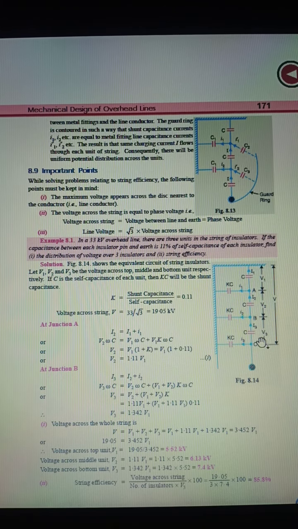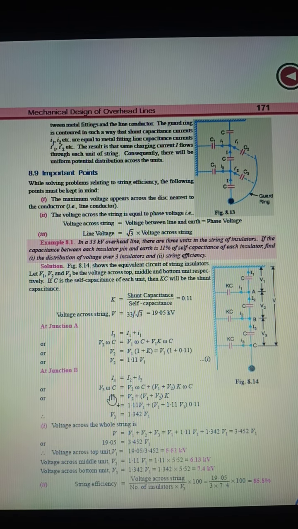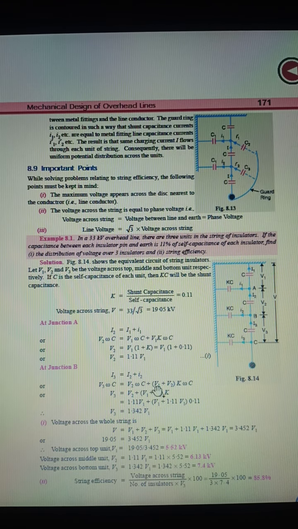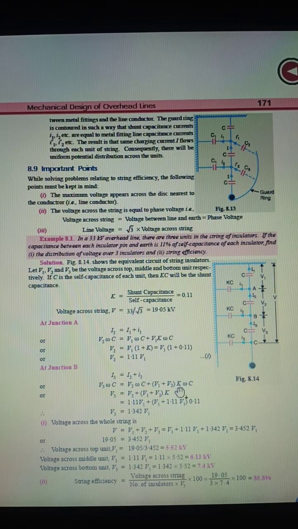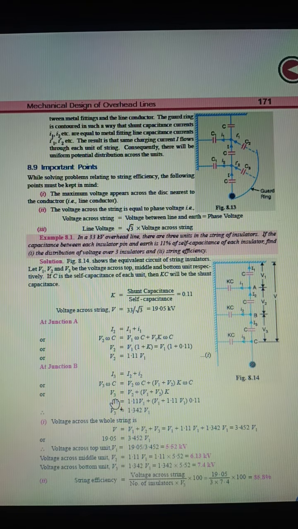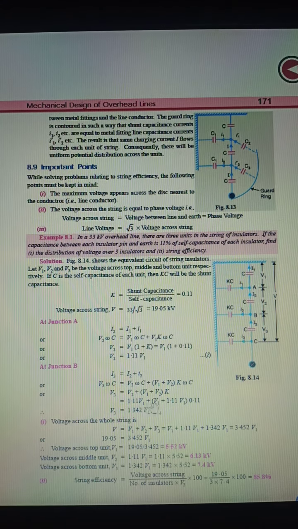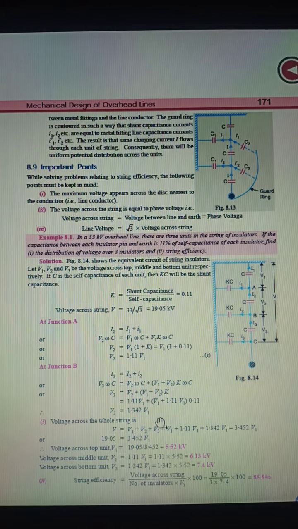At junction B, capital I3 equals capital I2 plus small I2, so V3 omega C equals V2 omega C plus (V1 plus V2) K omega C. Omega C cancels out, and putting the value of K, we get V3 equal to 1.34 V1.